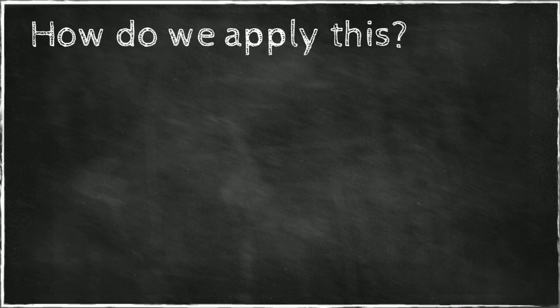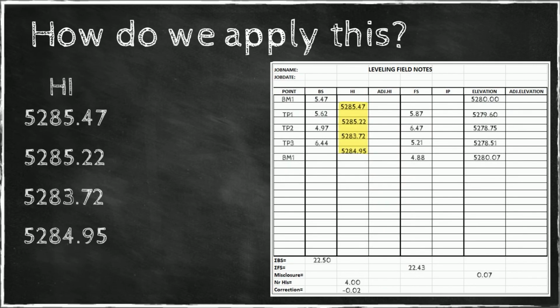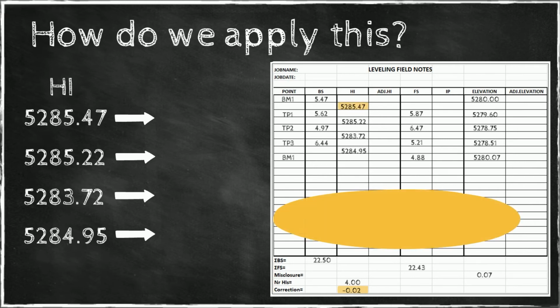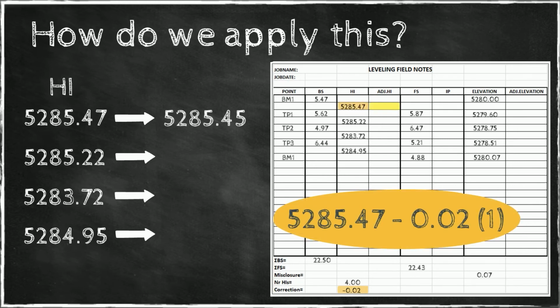How do we apply this? We apply this correction to these heights of instrument. Let's do that. We apply this correction 1 time to this height of instrument to end up with this. This is the adjusted height of instrument.